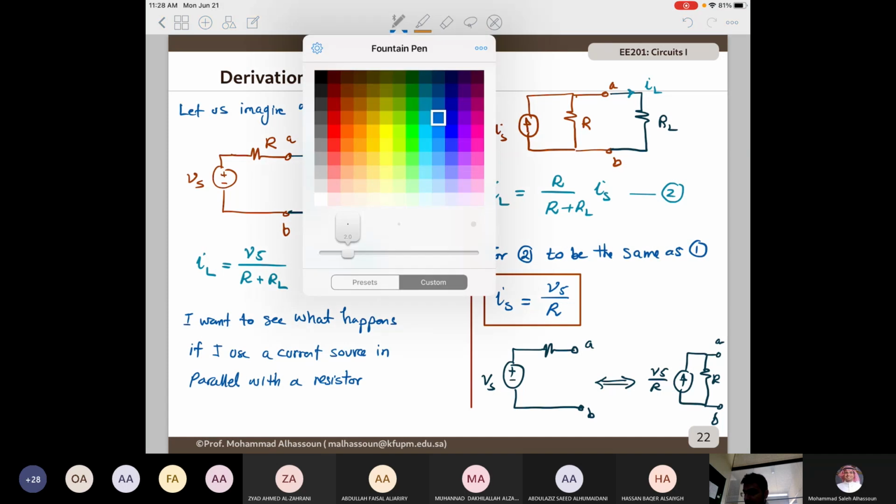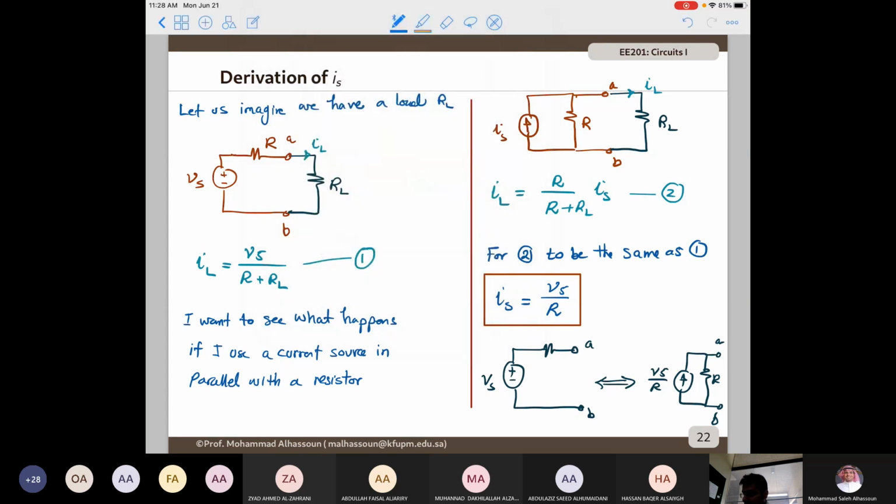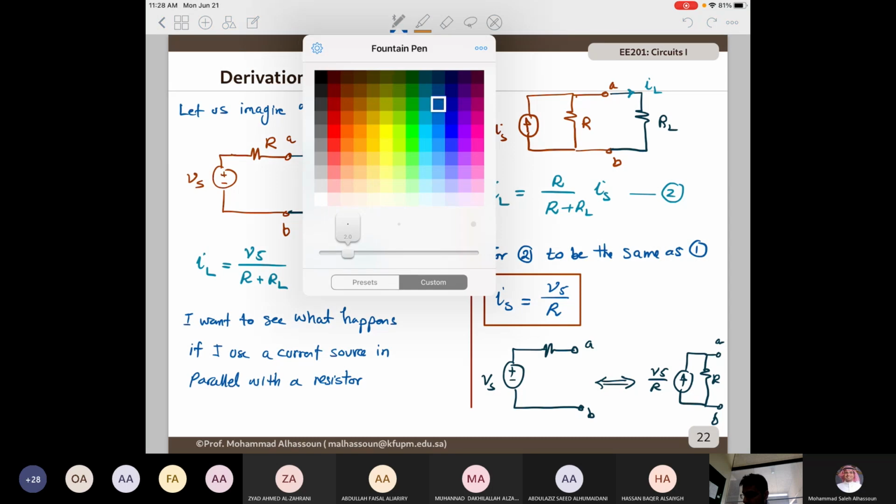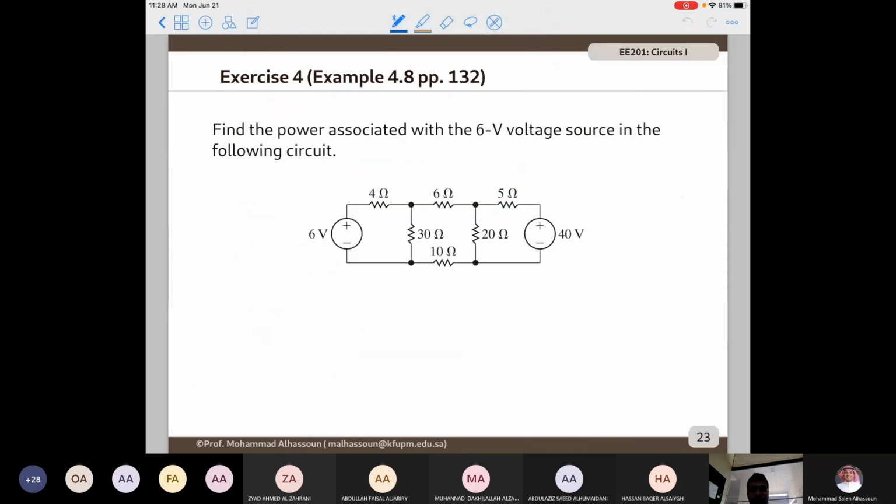So you may ask yourself, why did we do this? How is it going to help? This can be explained with the following exercise. We want to find the power associated with the voltage source in the following circuit.